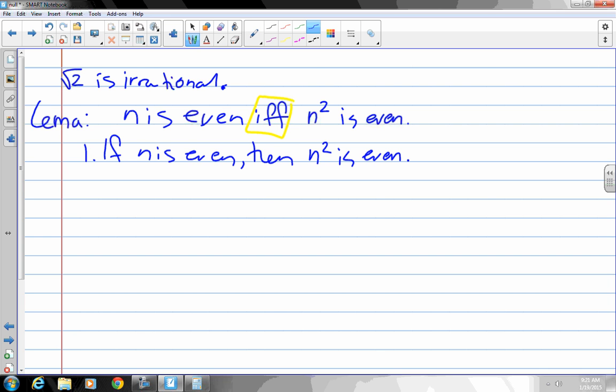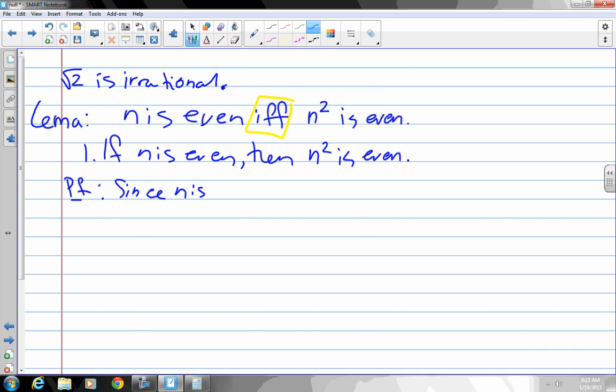Because again, we know that n is even, therefore n equals 2 times something else. So n equals 2k. And you square that, you get 4k squared, which is even because of the 4, right? So the proof is very simple here.